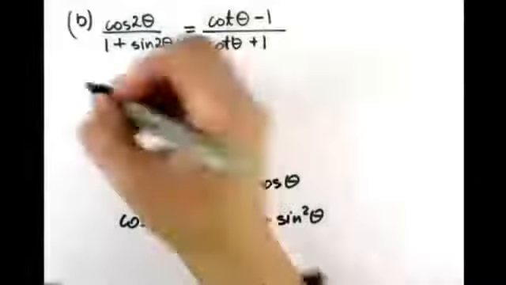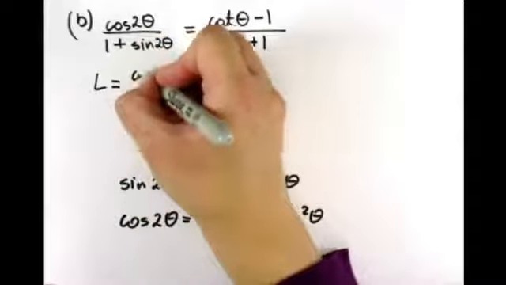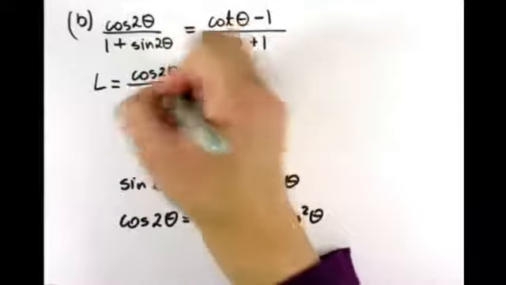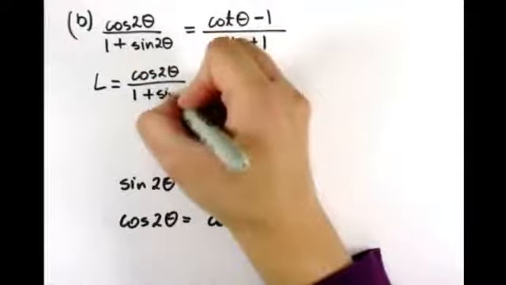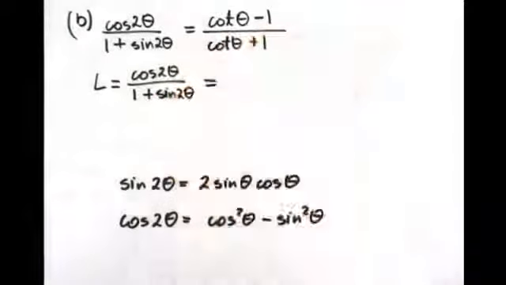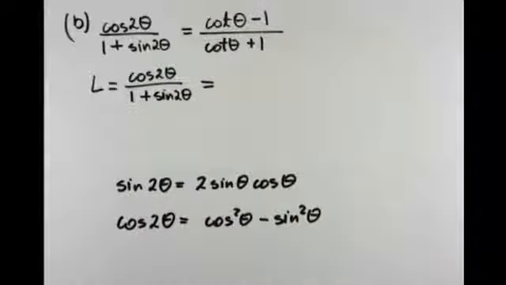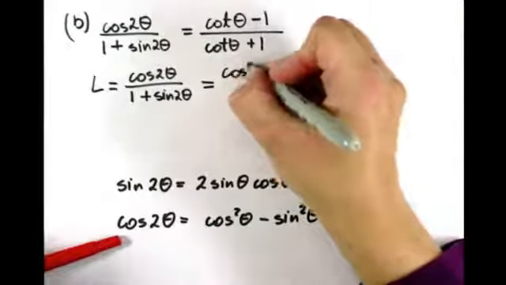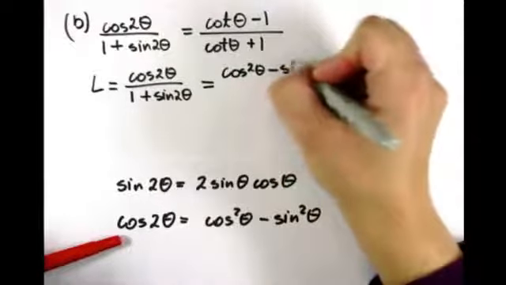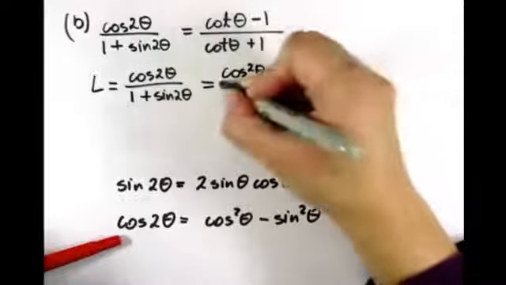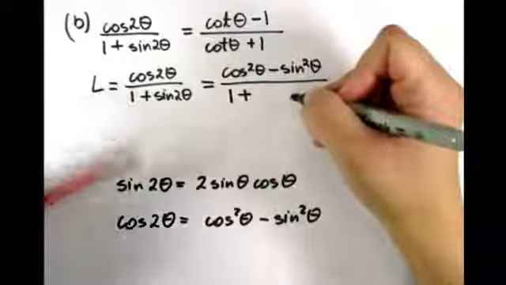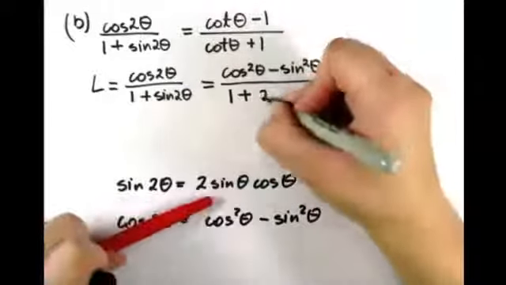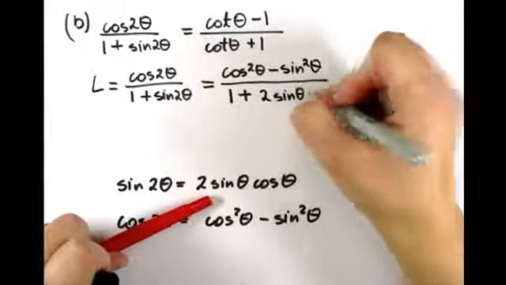So I'm going to start from the left side, cos 2 theta over 1 plus sine 2 theta. I will substitute my formulae. For cos 2 theta, I have cos square theta minus sine square theta. On the bottom I have 1 plus, and sine 2 theta is 2 sine theta cos theta.